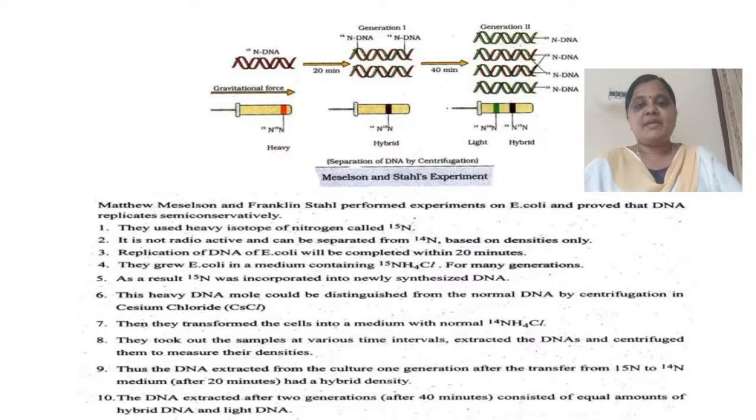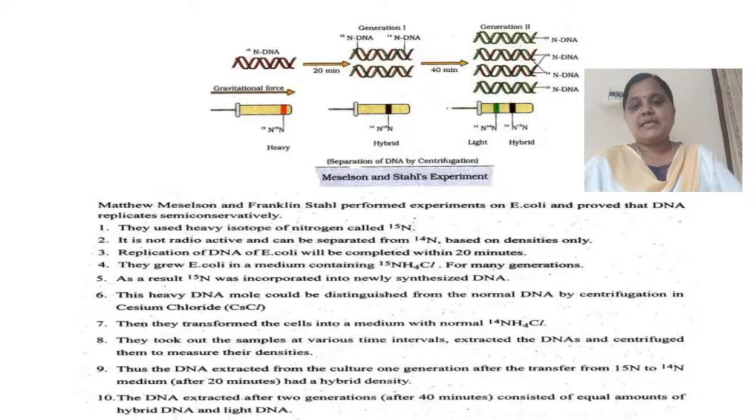15NH4Cl for many generations. So the heavy DNA molecule can be distinguished from the normal DNA by centrifugation in cesium chloride. They took out the samples at various intervals and centrifuged them to measure their densities. If you see in the diagram, generation 1 and generation 2.